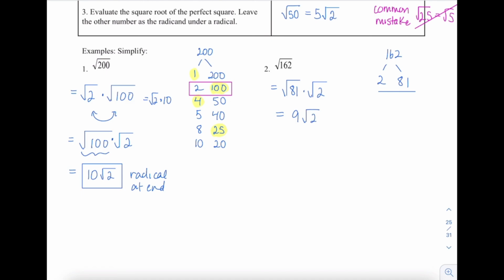And notice that these answers are exact answers. If I had just put in root 162, I would get 12.727 and a non-terminating decimal. And what you'll notice is that 9 root 2 is exactly root 162. So we're looking for exact answers here. So please do not use decimals.